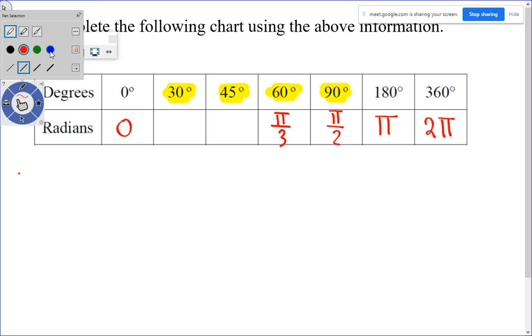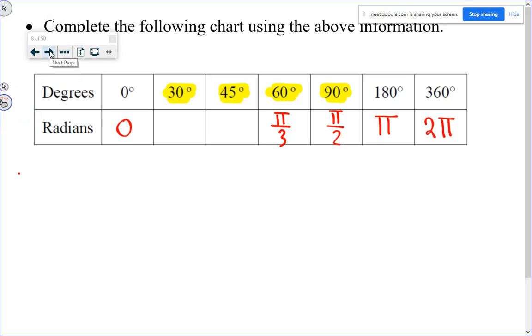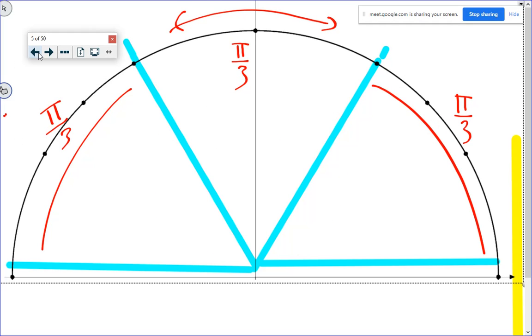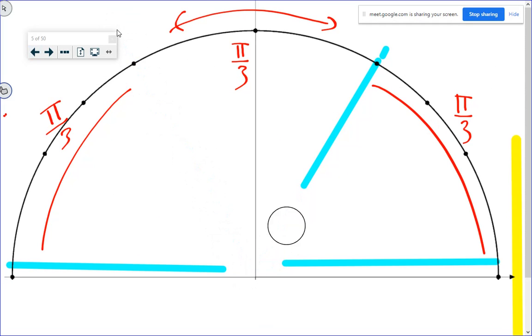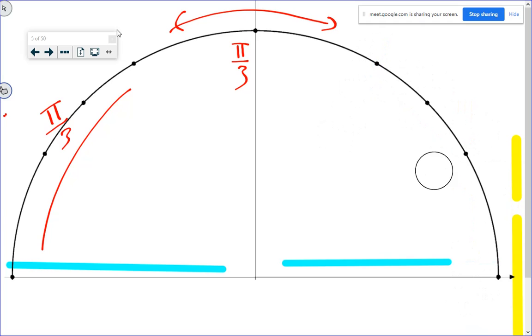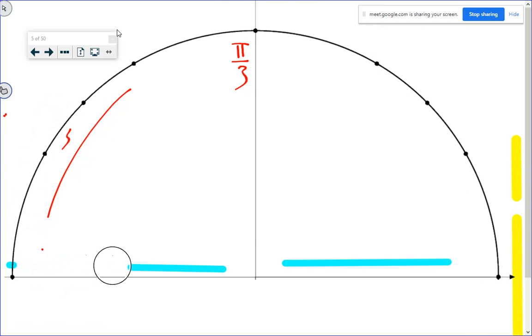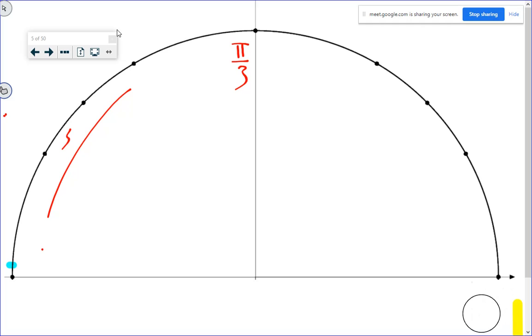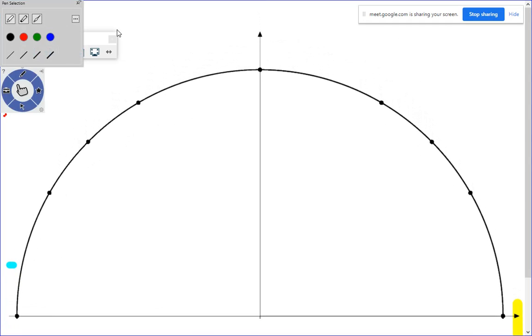45 degrees. Well, how can you split up 180 degrees into 45-degree chunks? You can do it by breaking it apart into 4 pieces. So I'm going to get rid of this. This is just kind of scrap paper for the purpose of my explanation. So 45 degrees, let's use this color.